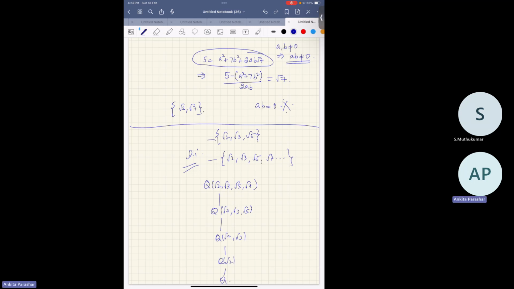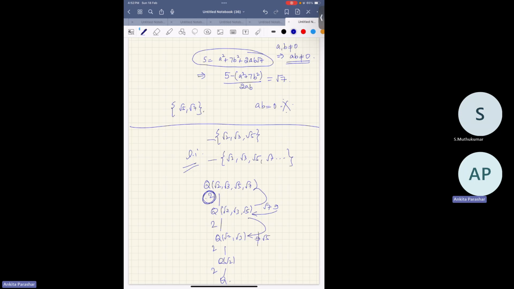And you just have to know at each level. At this level you are getting exactly equal, because root 7 does not belong here. And does not belong means it is linearly independent. Same thing, root 5 does not belong here.